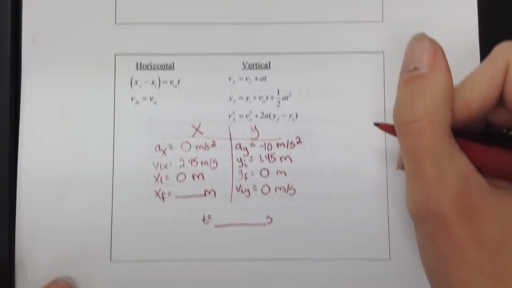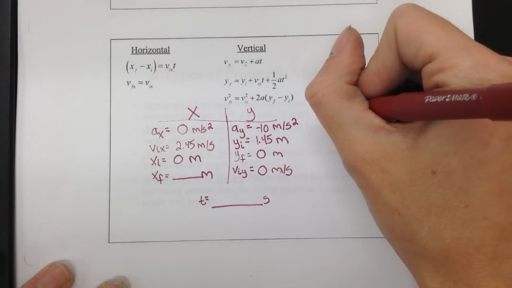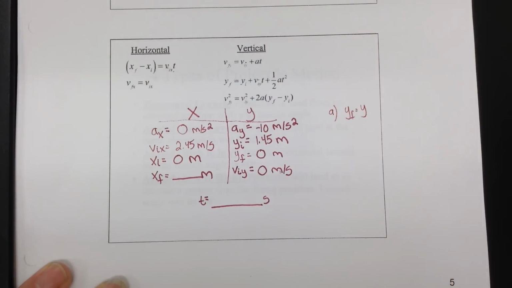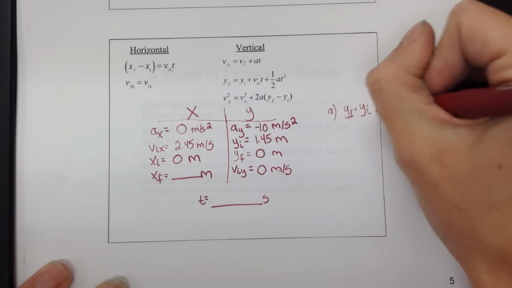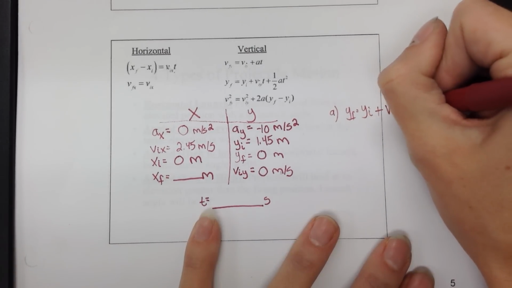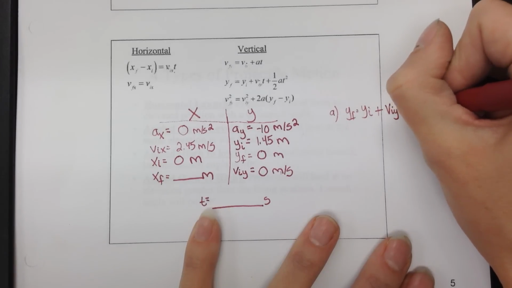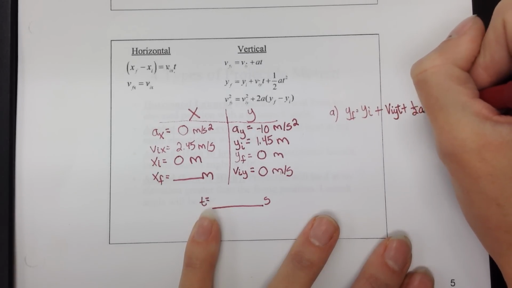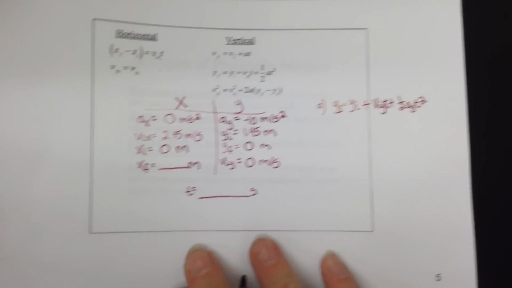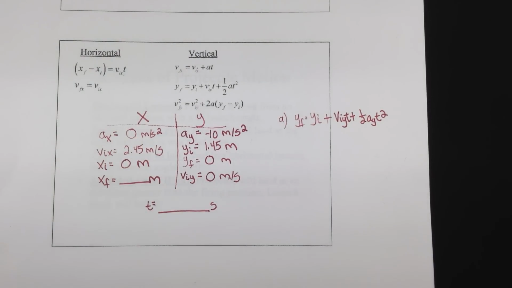So here we go. Y final equals Y initial plus VIY times time plus 1/2 AT squared. Now, please notice, you guys, that I am using subscripts on everything.